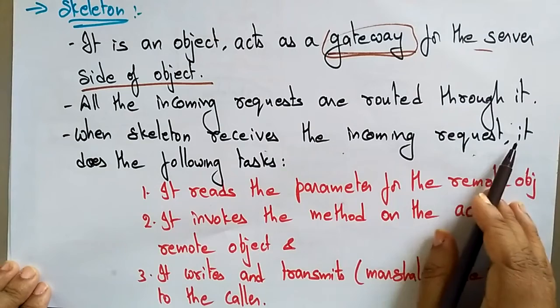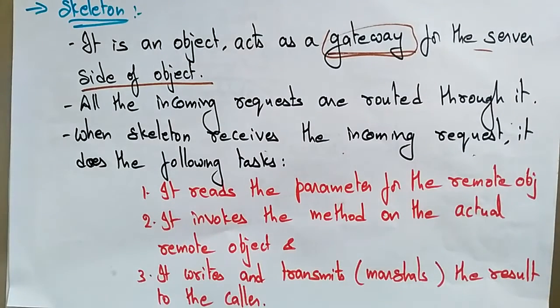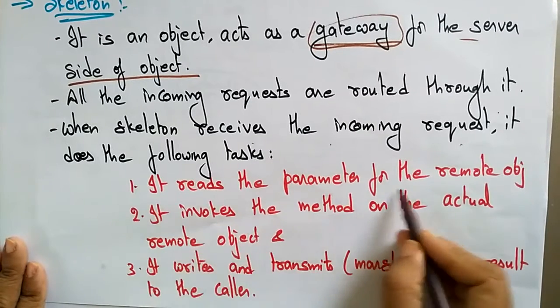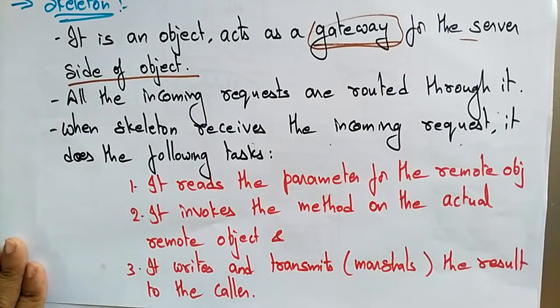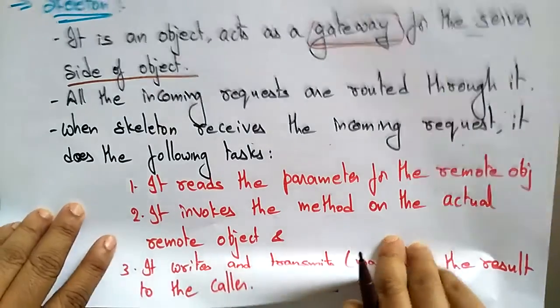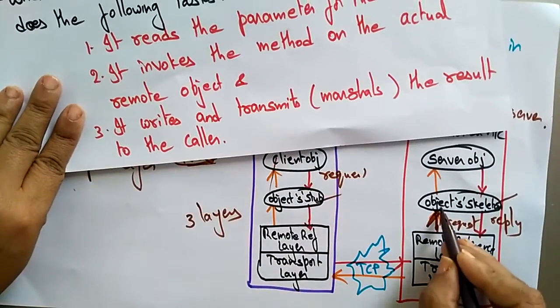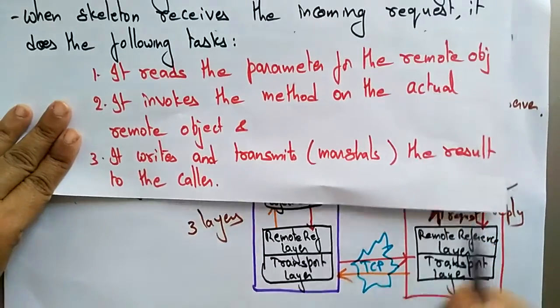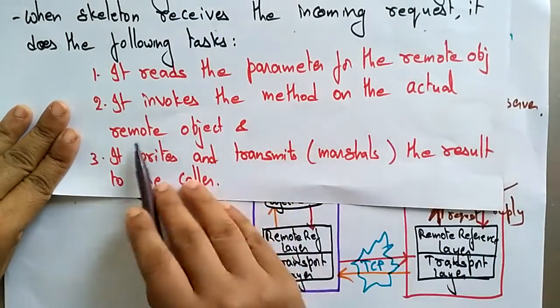When the skeleton receives the incoming request, it has to do the following tasks. So what exactly is the skeleton doing? First, it reads the parameters for the remote object, the objects that are coming from the client. Next, it invokes the method on the actual remote object.